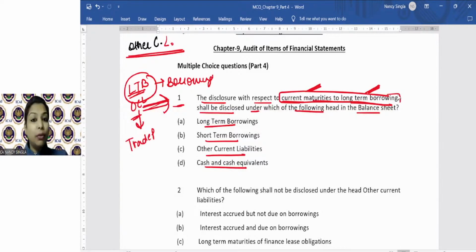Right? And if you remember, when we were discussing this topic, that is the borrowings topic, I told you that this is a recent amendment in Schedule 3. So it is very, very important. Right? So I need all of you to answer it correctly. So let me just show it to you from the module also.